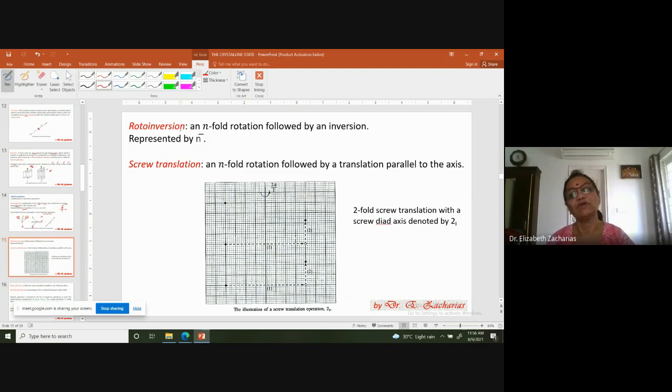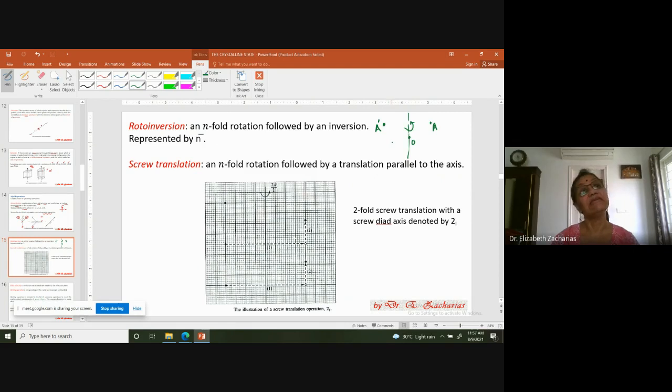Now let's see what is roto inversion. This is another hybrid operation. Here you have an n-fold rotation followed by an inversion. Let's draw the picture. I have a lattice point here, which I call A, and I call this O. This is my axis of rotation. Let's say I'm rotating it twofold, so I'm getting my A prime here.